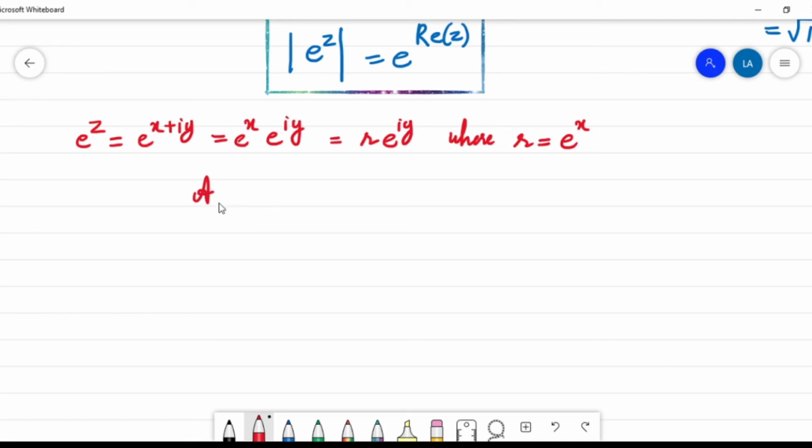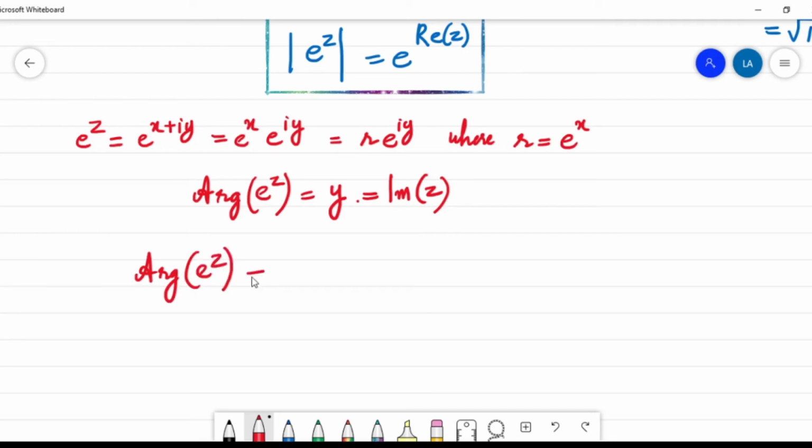So, here what we are getting is the argument of the complex number e raised to z is equal to y, right. What is y? Y is nothing but the imaginary part of z. So, we are getting important results here. Argument of e raised to z is equal to the imaginary part of z, as well as modulus of e raised to z is equal to e raised to the real part of z.